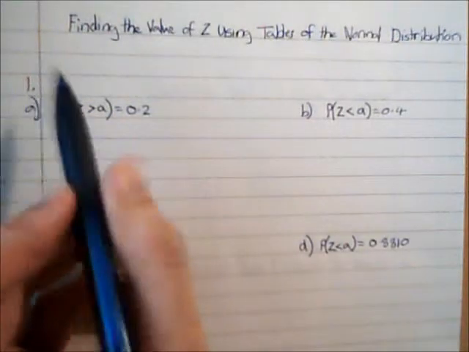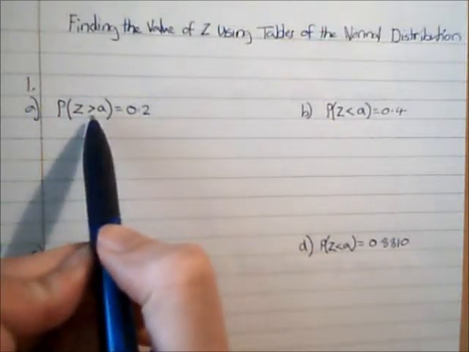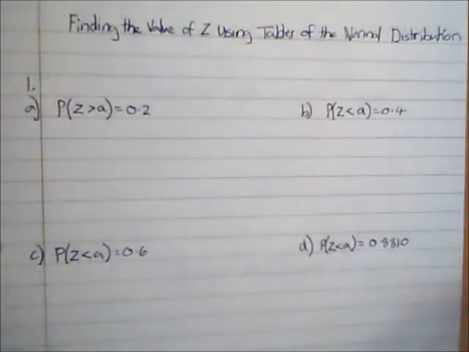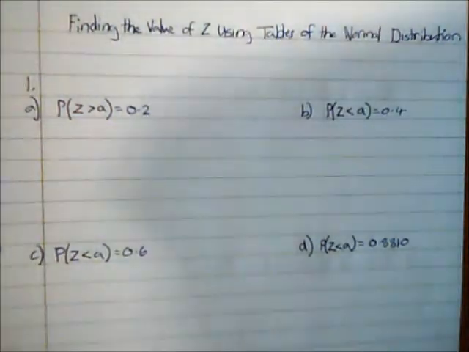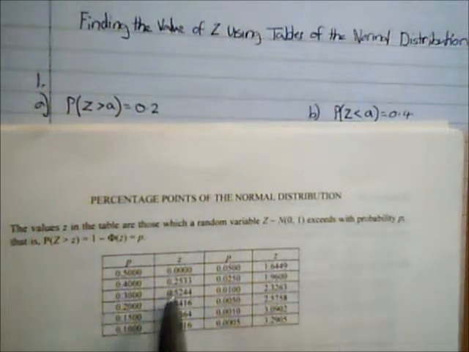So how many standard deviations away from the mean, if exceeded, will give us a probability of 0.2? Now actually I can use this small table of the normal distribution, because this gives me probabilities in the first column and relates them to a z value here.